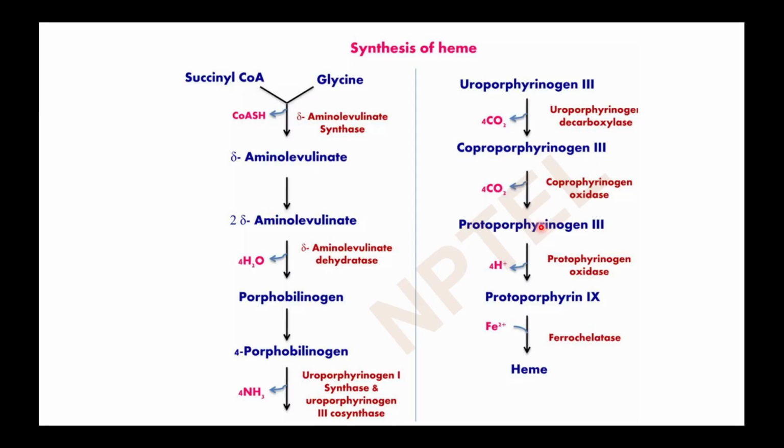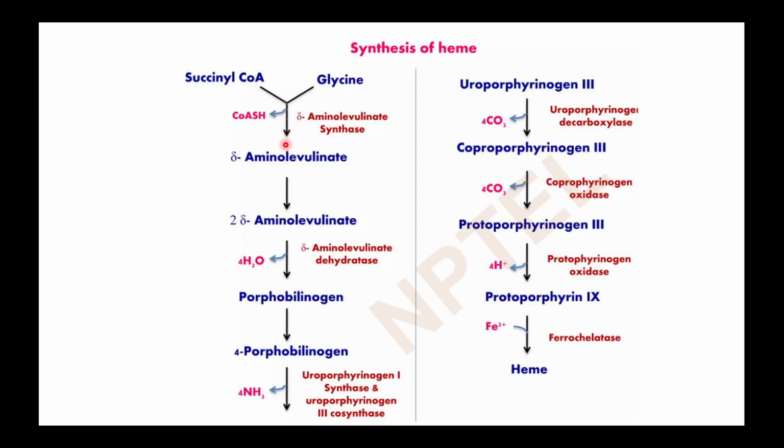And from protoporphyrinogen 3, again one oxidation step occurs by the enzyme protoporphyrinogen oxidase to give protoporphyrin 9. And to this protoporphyrin 9, by the enzyme ferrochelatase or heme synthase, Fe2+ is attached and we get the final product, that is heme. So you see the reaction begins with succinyl coenzyme A and glycine.